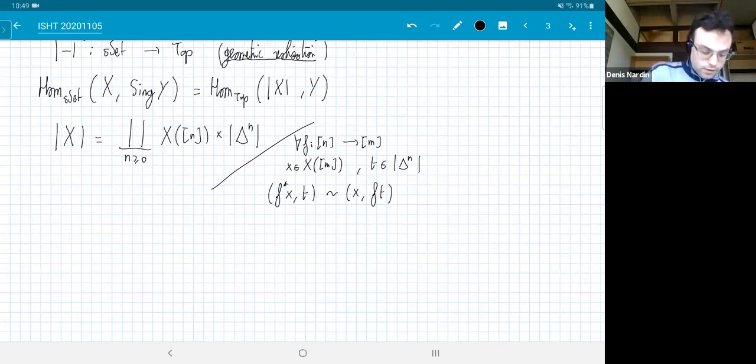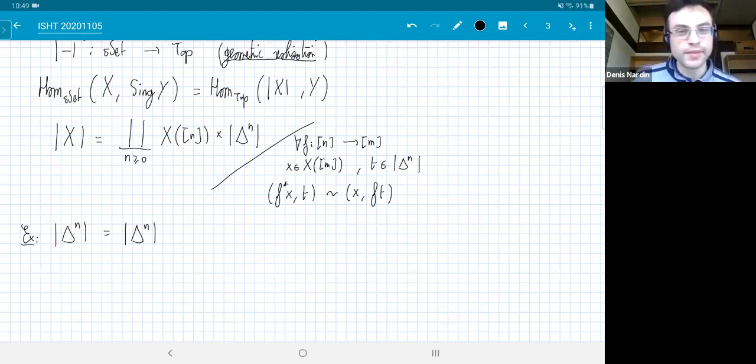And so, for example, the geometric realization of delta n is the topological n simplex. You can actually see that this works in the way that it works. And then this preserves colimits because it's a left adjoint.